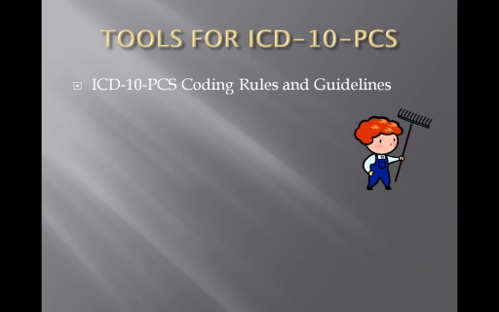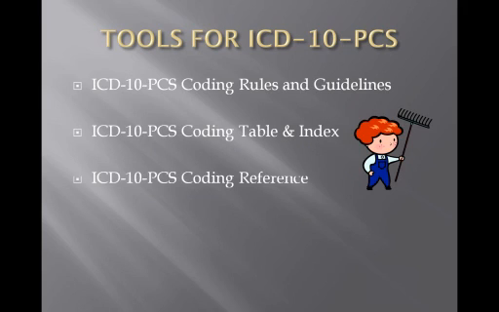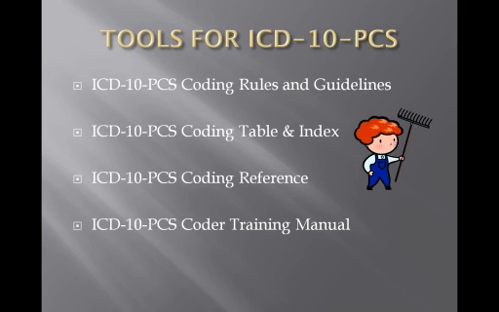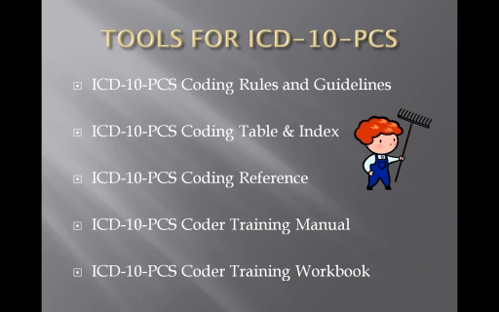Some of the tools that I will use include the ICD-10-PCS coding rules and guidelines, the ICD-10 coding table and index, the ICD-10-PCS coding reference, the coder training manual, and the coder training workbook. As I did with ICD-10-CM, we will look at and demonstrate these resources later on in this program.